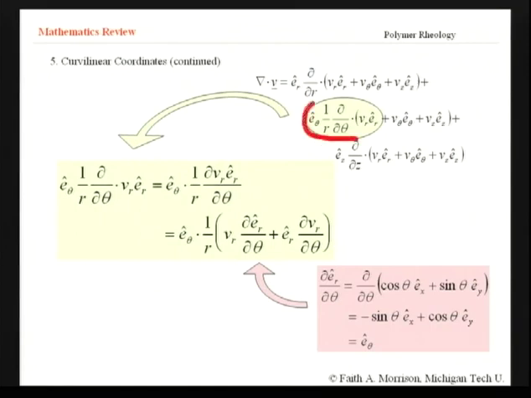This term, if I distribute it, is e theta times 1 over r d by d theta. And I'm only looking at the first distribution, vr er. So that's e theta, 1 over r d by d theta, dot vr er. And we carry that out.